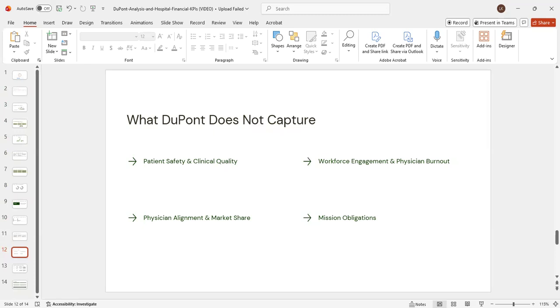Similarly, workforce issues such as staff engagement or burnout also have high dollar as well as reputational costs. Again, this is not obvious in a DuPont analysis. Similarly, physician coding accuracy, referral patterns, and market share are all critical determinants of hospital financial performance, yet they appear nowhere in the DuPont equation.